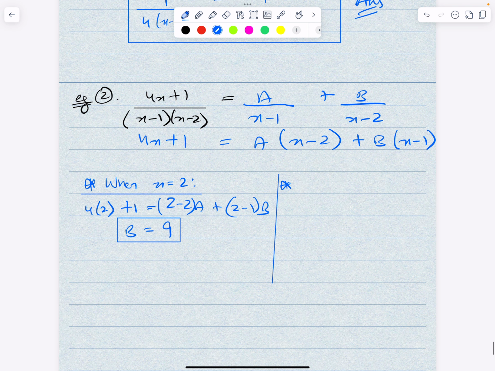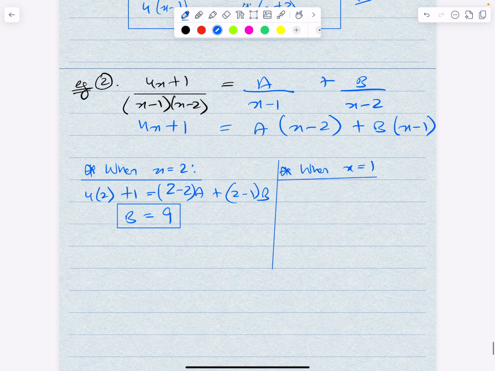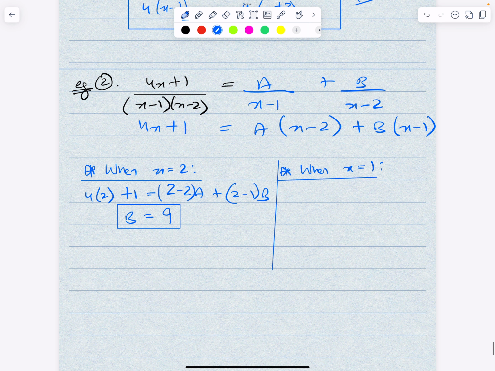The second value of x, assume it to be 1. So B cancels off. So when x is equal to 1, I have A(1 - 2) + B(1 - 1), and 4 into 1 plus 1, so A turns out to be minus 5.